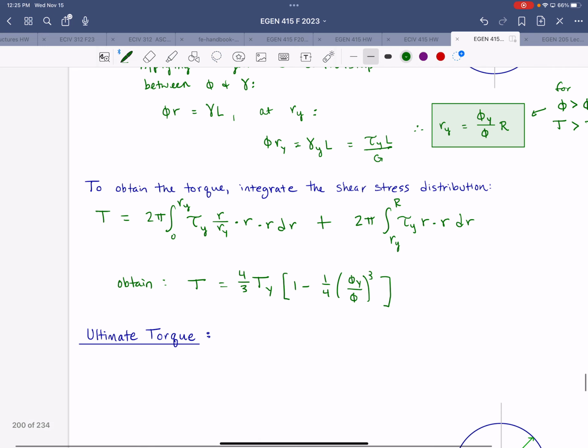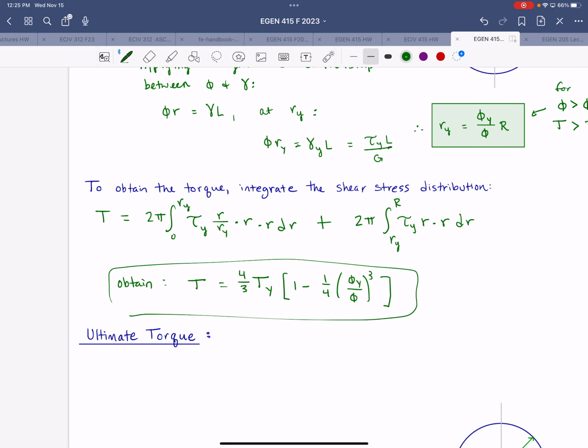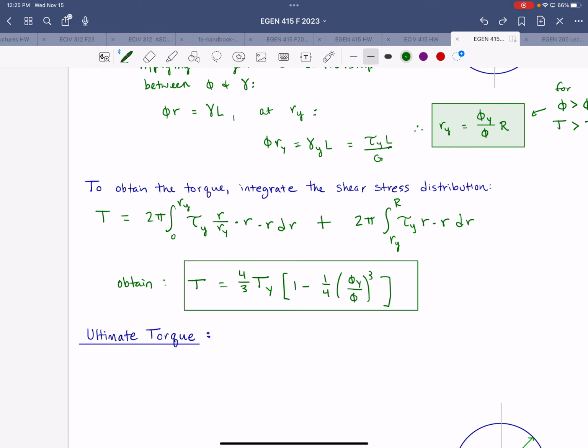This equation, we'll box it up, is applicable for a solid circular cross-section and for the condition where the yield angle is less than the angle of twist and the yield torque is less than the applied torque.